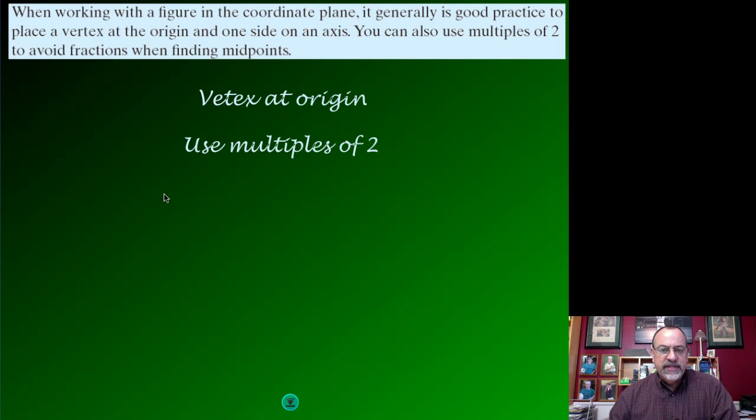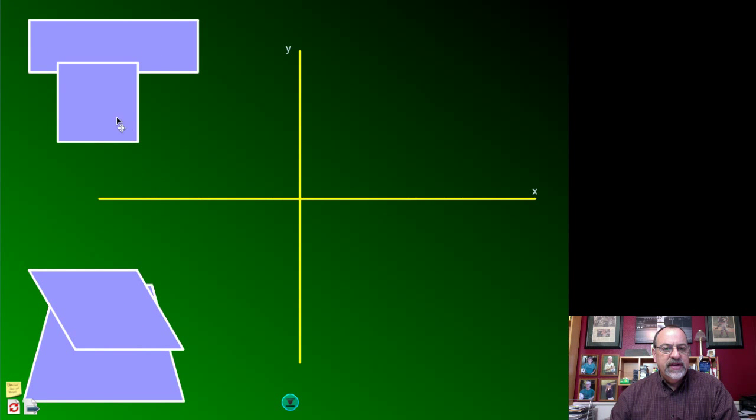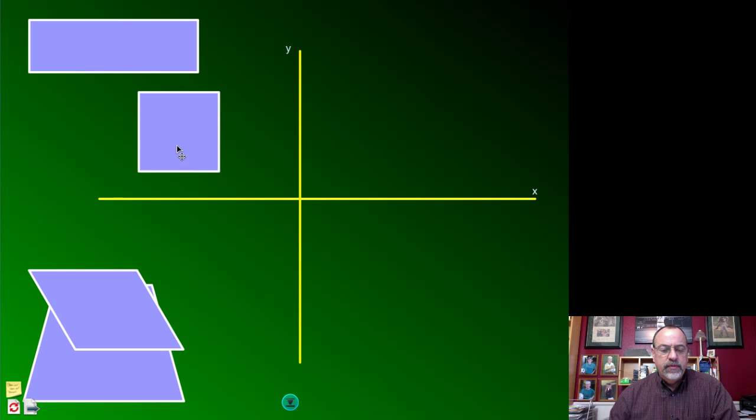So I think the best way to tackle this is to do a few problems and name some coordinates while we're at it. So let's take a simple figure like the square to begin with.